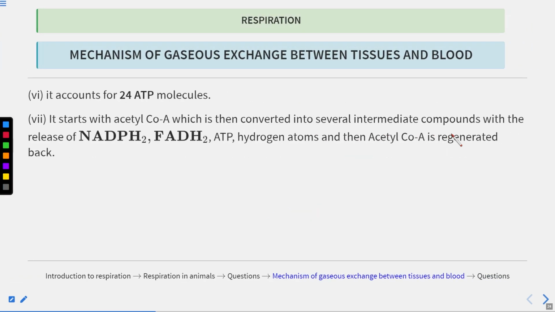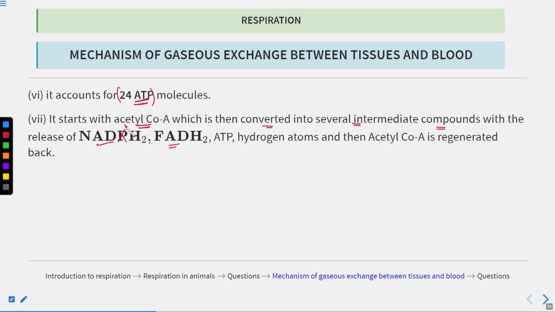Clear? Now, during the Krebs cycle, 24 ATP molecules are produced. This you have to remember, 24 ATP molecules. So the Krebs cycle starts with acetyl coenzyme A, which is then converted into several intermediate compounds with the release of NADH as well as FADH2.